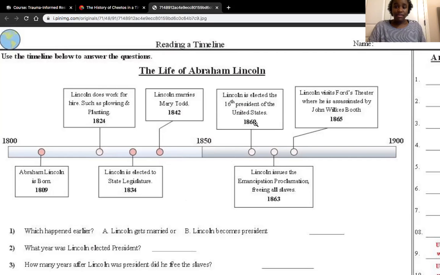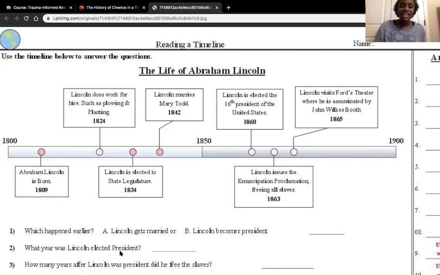So which one happened first? Good. Lincoln marries Mary Todd first before he becomes president because it's first on the timeline. Just comparing these two events, him getting married happened way before he became the 16th president, all right?